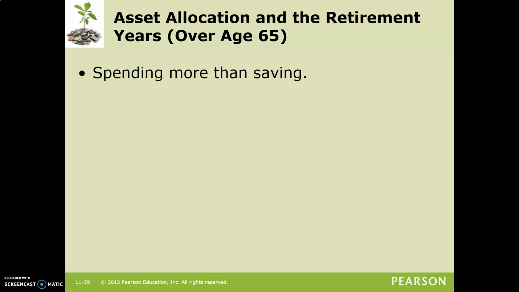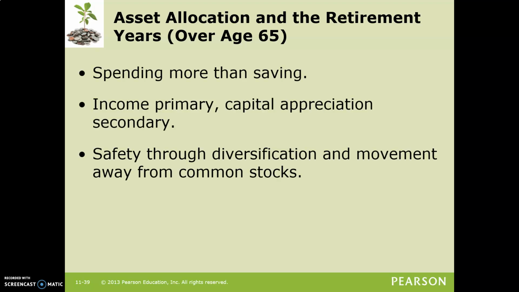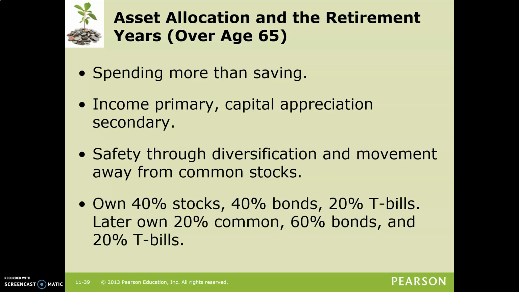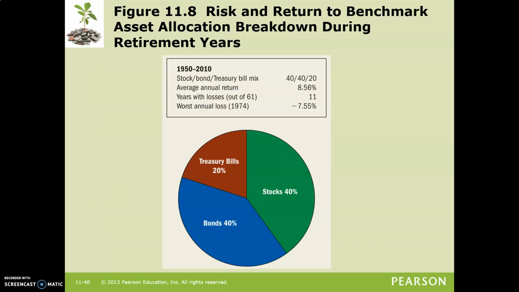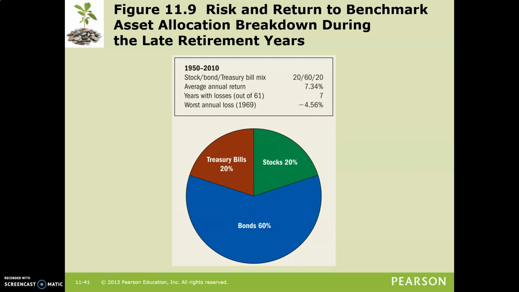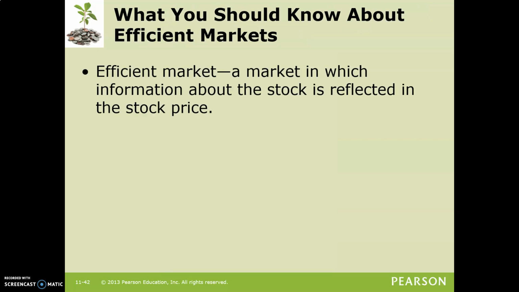For those over 65 years old, spending more than savings, income is primary, capital appreciation is secondary. Safety through diversification and movement away from common stocks. Own 40% stocks, 40% bonds, 20% T-bills. Later on, 20% common stocks, 60% bonds, and 20% T-bills. This is how you allocate during retirement years.